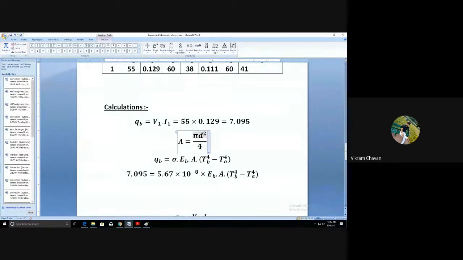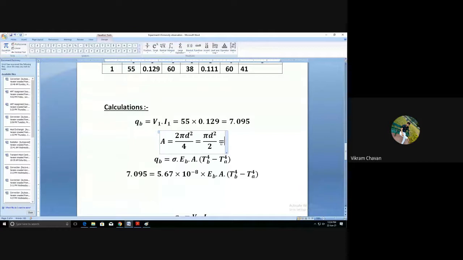But we are having two sides of a disk, so we have to multiply with 2, and it should be equal to pi d square divided by 2. Because the disk is having front side and back side, its area will be equal to pi d square divided by 2.